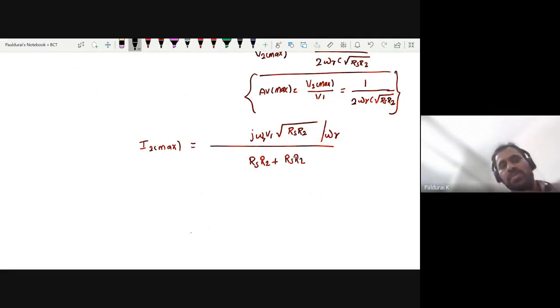So these two will be cancelled, and you end up with jV1 divided by 2 times square root of Rs R2. This is my I2 max.